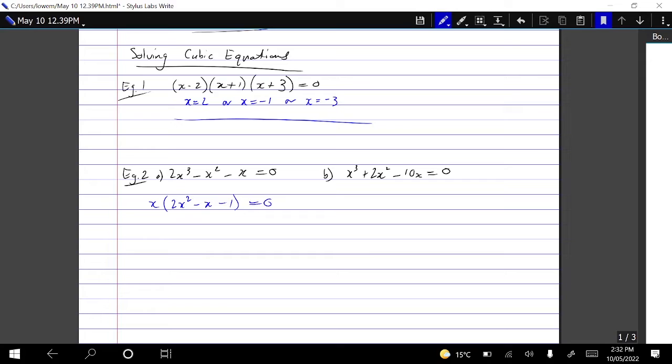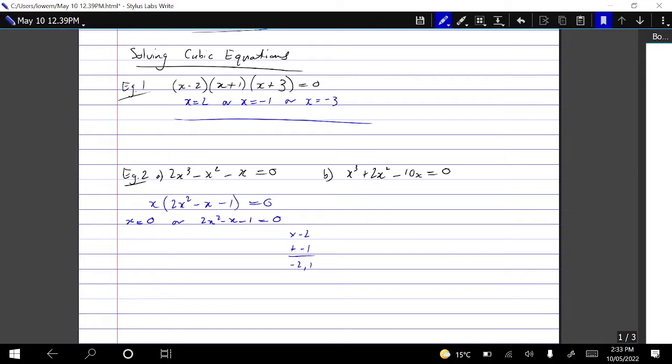And so I guess straight away we can see that means that x is equal to 0, or 2x squared minus x minus 1 is equal to 0. Okay, so we have one solution already, and we need to see whether we can factorise that quadratic that's remaining. And so we would be looking at finding two numbers that multiply to give -2 and add to give -1, which would be -2 and +1.